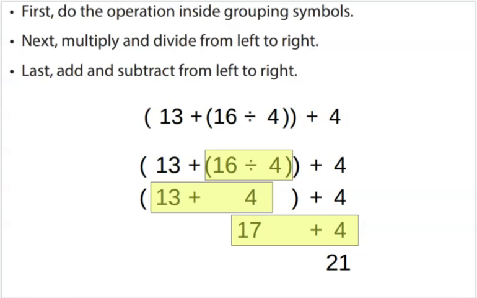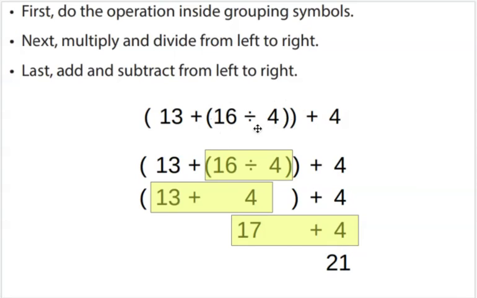Again, notice how we've increased the complexity of these types of problems where we have parentheses inside parentheses. So I need to solve everything inside this big group of parentheses, and I'm doing that by following order of operations.